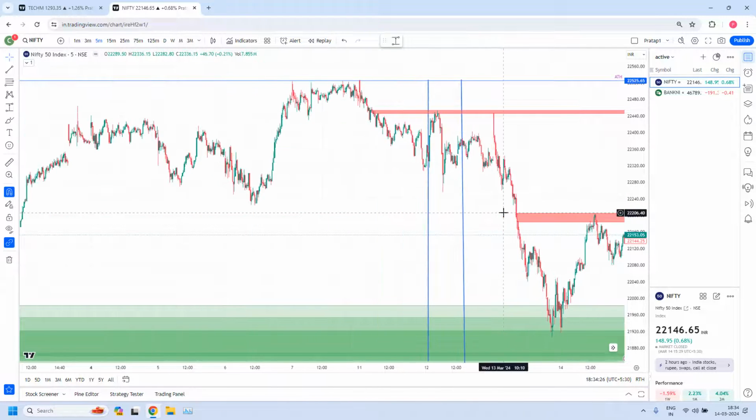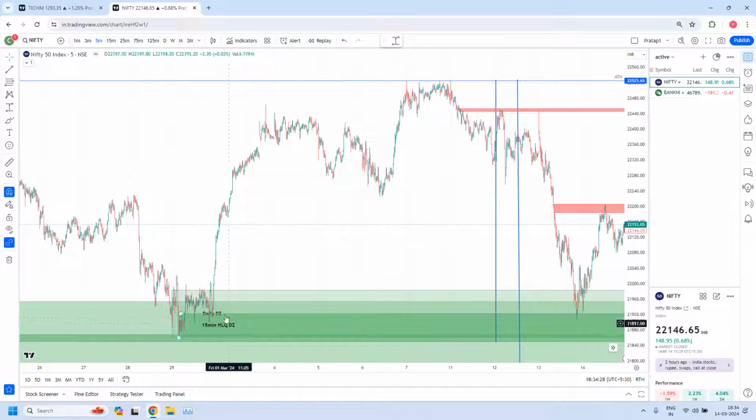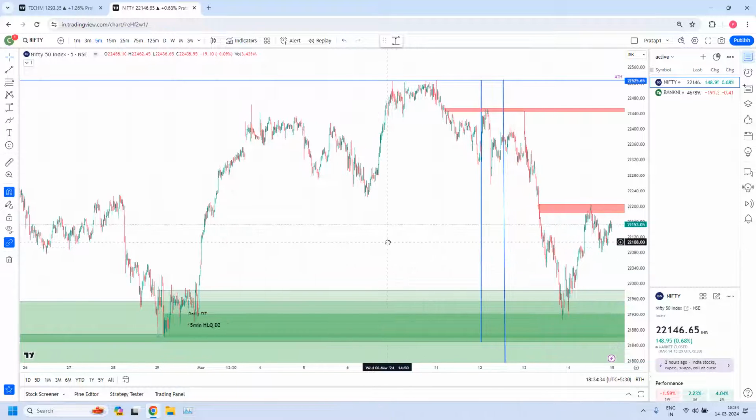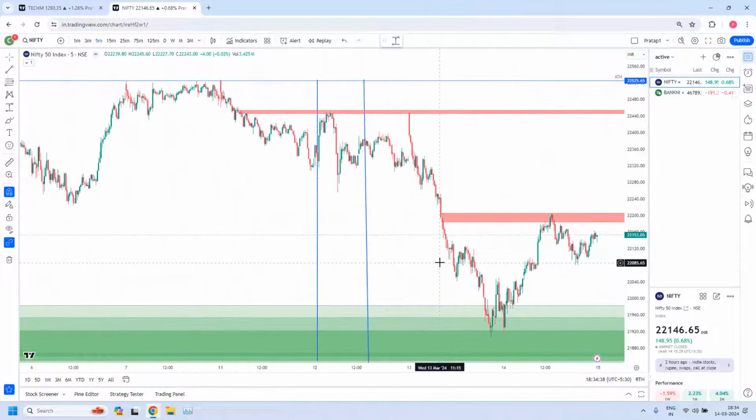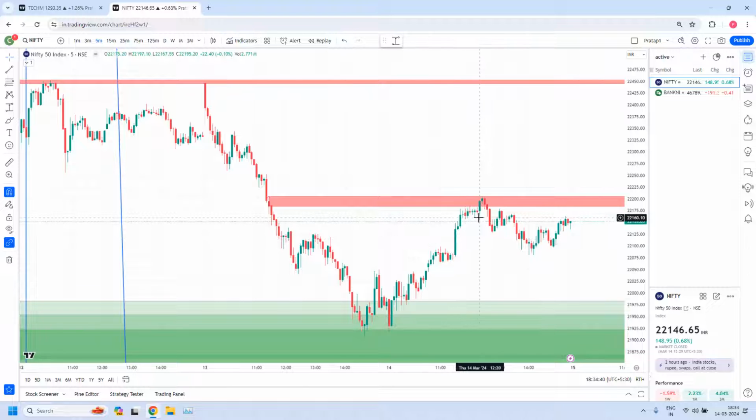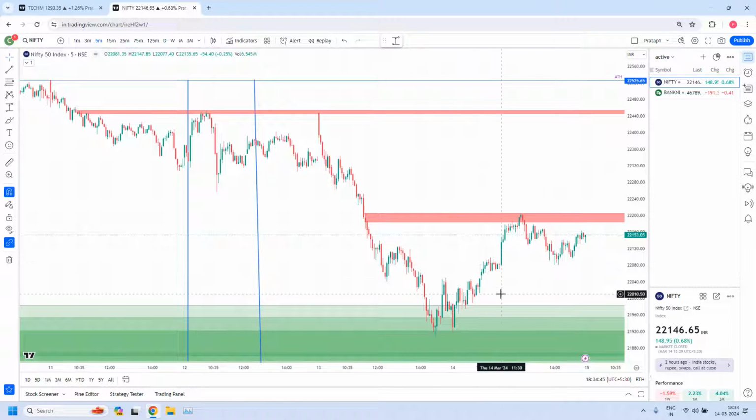The reason is our high liquidity zones we generated from our supply demand zone chain with the help of our NeoStock software. So those who are following the supply demand zone chain video, today you would have got over 265 points profit. In the least case, you would have got around 115 points profit.